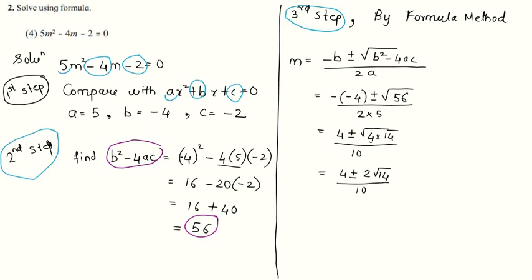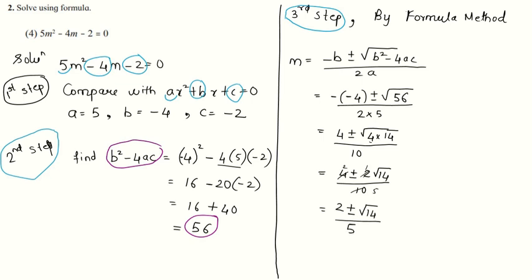So this 4, 2 and 10 can be solved further as 2 ones are 2, 2 twos are 4, and 2 fives are 10. So what do we get here? 2 plus or minus square root of 14. As it is 1 here, we don't write 1 divided by 5.